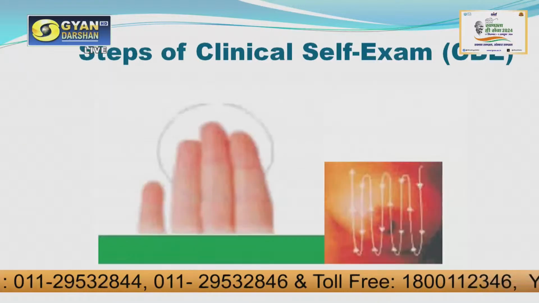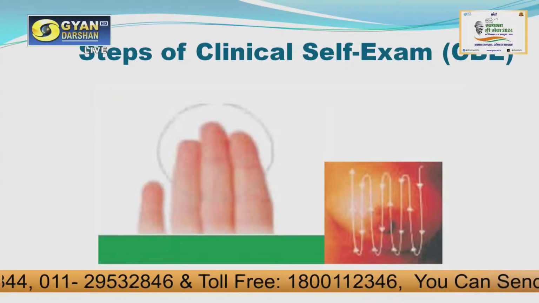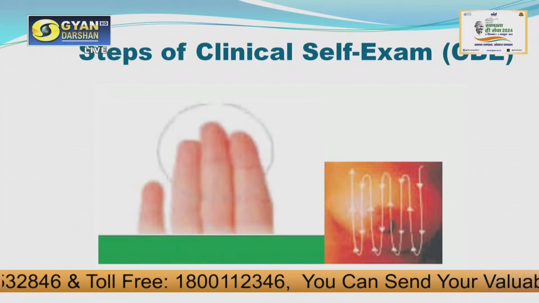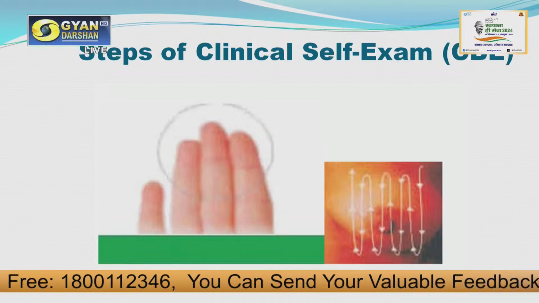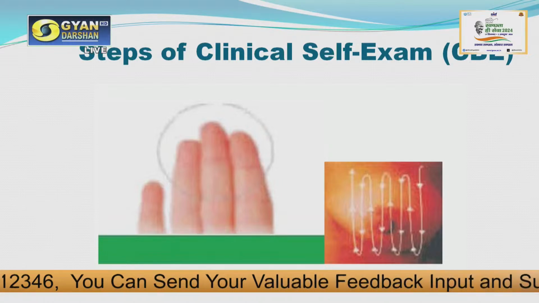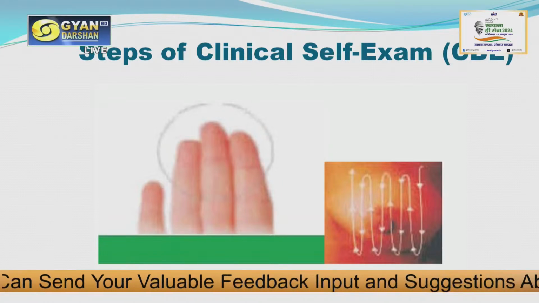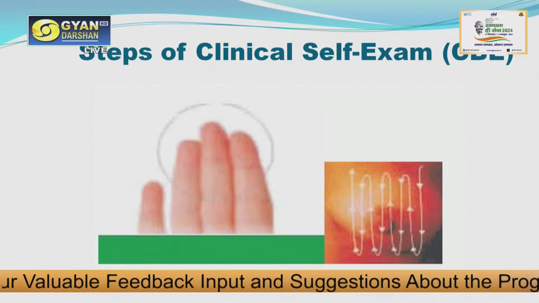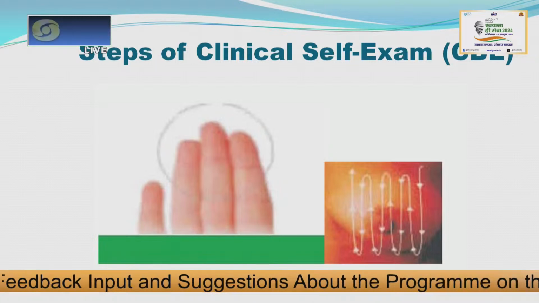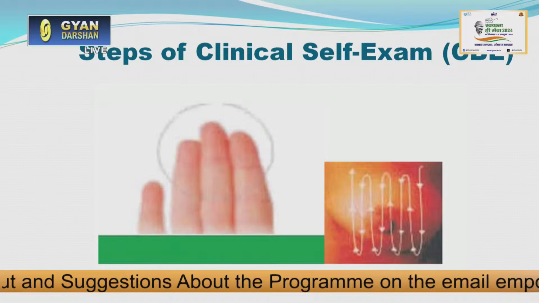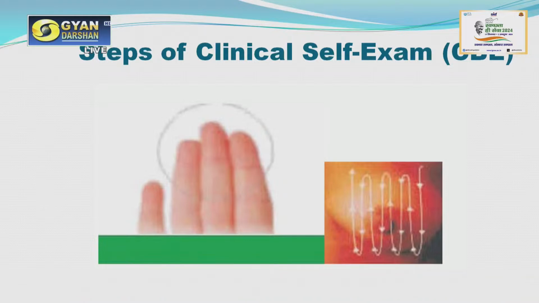And if I show you, this is the diagram of how you are going to use your fingers, not the tips, and on this side where the arrows are, you have to cover each and every part of the breast in a systematic manner.